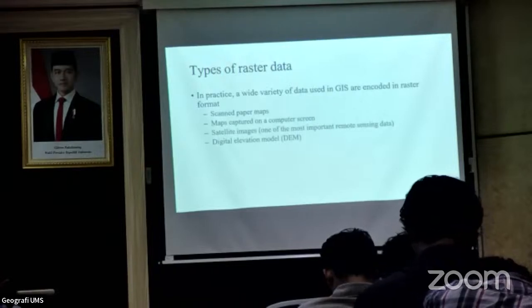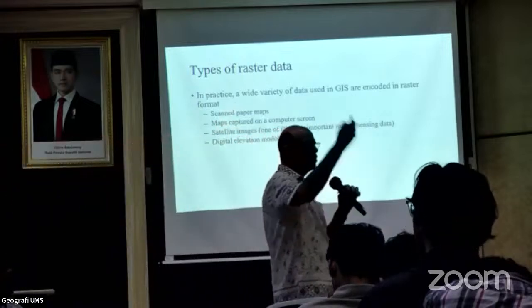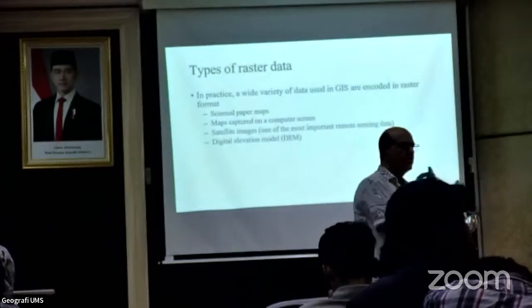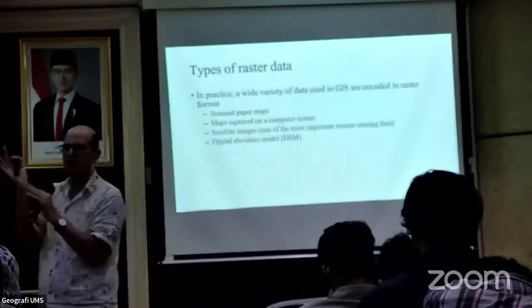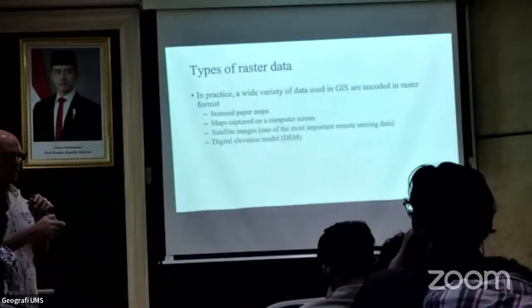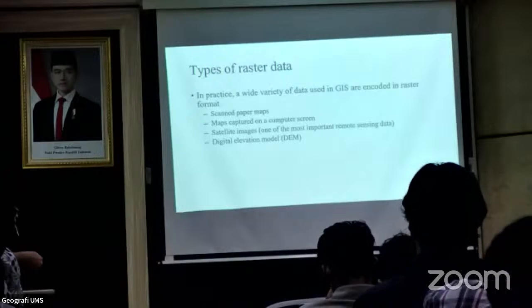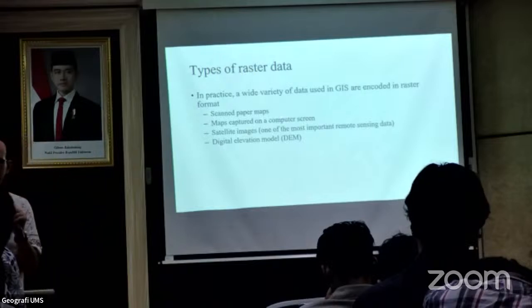For example, we scan maps. We have maps on paper, hard copy maps. We now use scans. Now you see all scanned maps on your apps, on your system, on your laptop, on your iPhone. All scanned maps are raster data sets. A map captured from the computer screen, you click store, the scanned image is a raster data set.